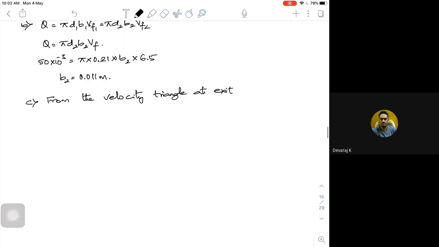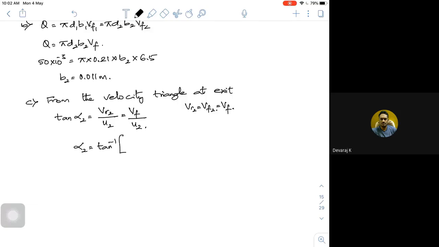I'll use that. So tan alpha 2 is equal to VR2 divided by your U2, and VR2 is equal to VF2. Because VF2 is equal to VF, I can write it as VF divided by U2, or alpha 2 is equal to tan inverse of, what is my VF?